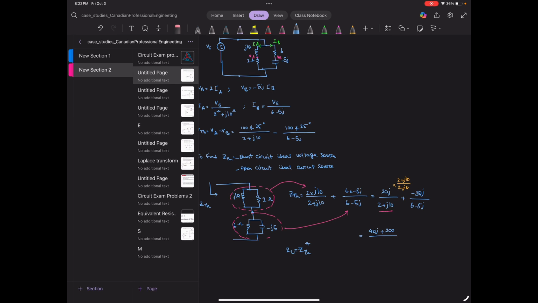And then the same thing here, 2 to the power of 2 plus 10 to the power of 2. The same thing here. We can do this one by 6 plus 5J, 6 plus 5J. So you can say plus minus 30J times 6 plus 5J, and then here we have 6 over 2 plus 5 over 2.